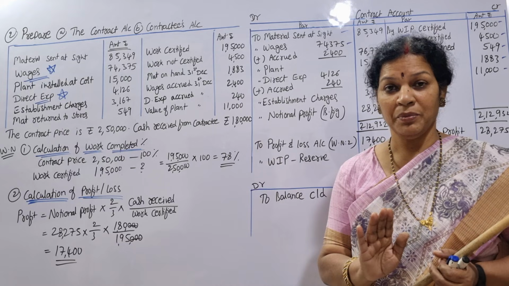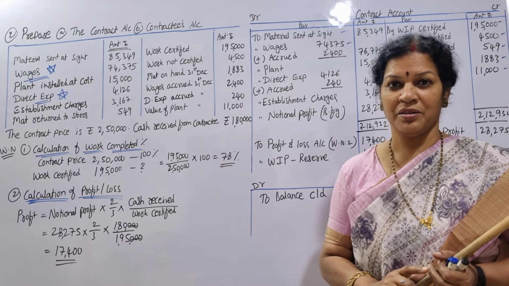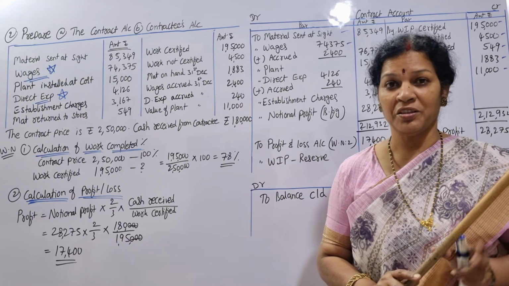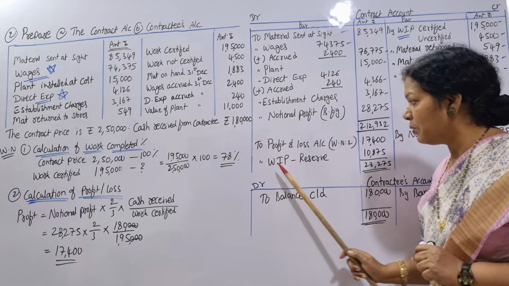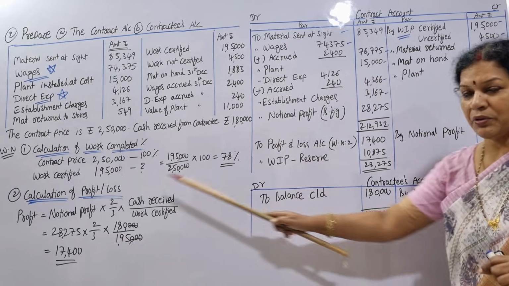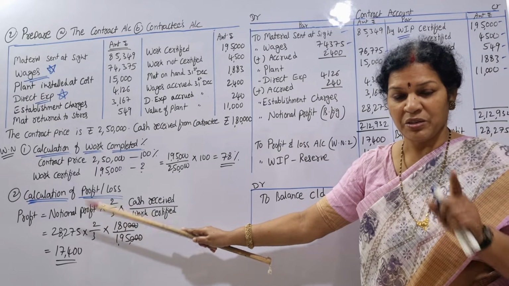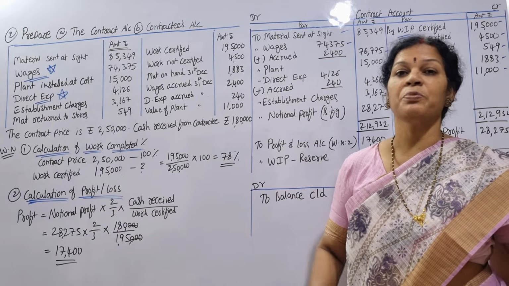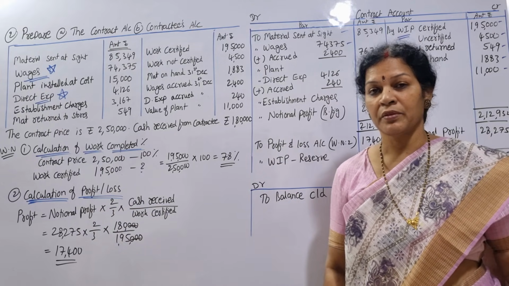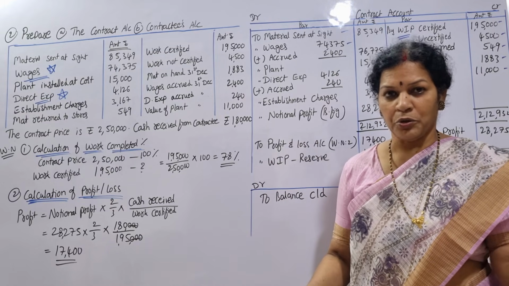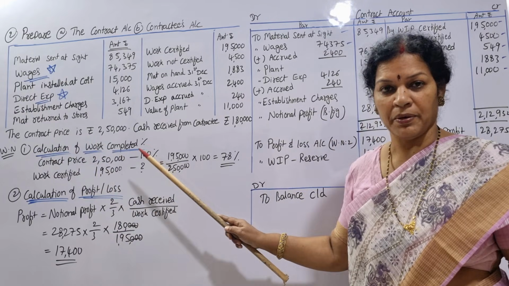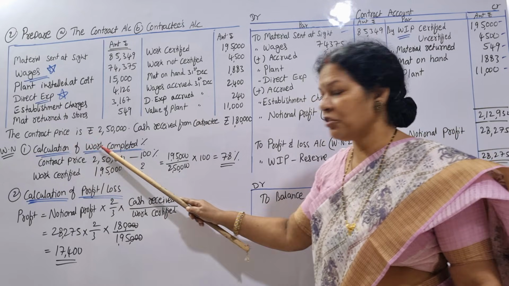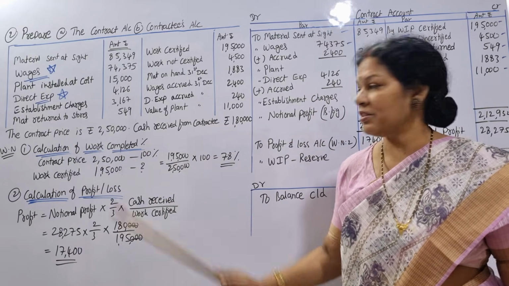But in this problem the percentage is not given. That we have to calculate. Then after that we'll go for the profit and loss calculation. First we should know the percentage, because if it was given, no need to calculate. So the first step of working notes is calculation of work completed in percentage.